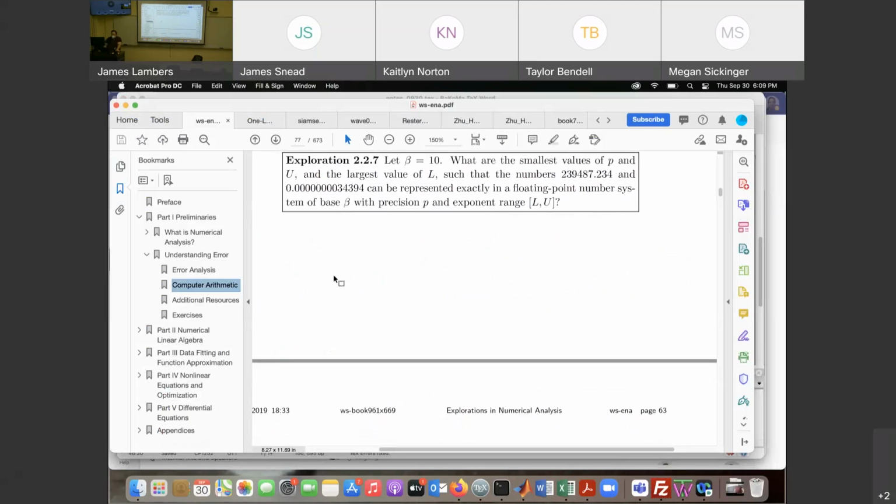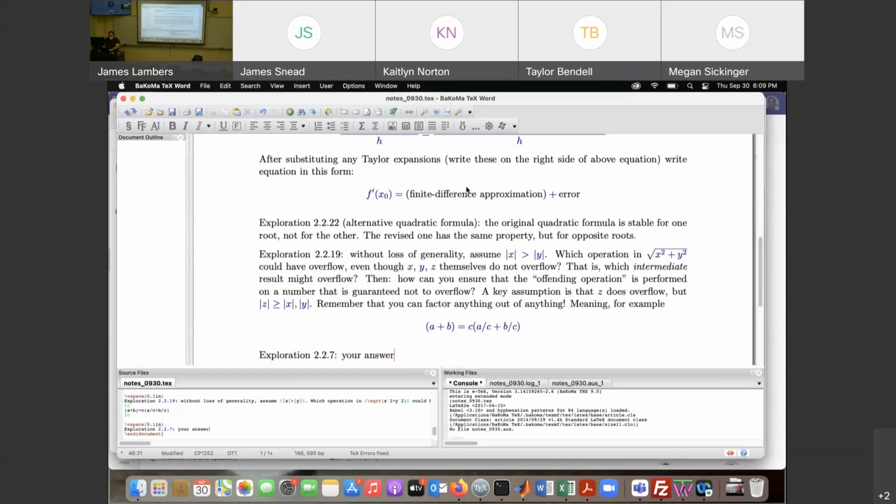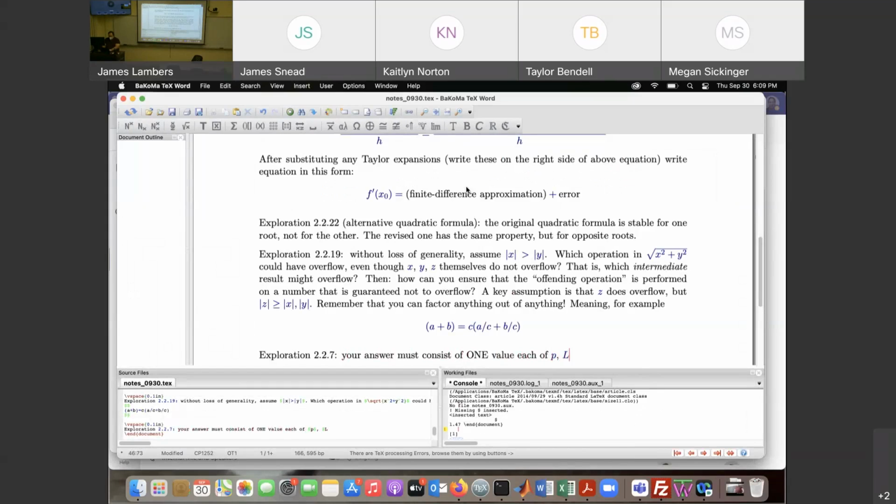One thing I want to make sure is clear, that you're given two numbers, so you're specifying parameters for one floating point system. The base is already specified. So your answer must consist of one value each of P, L, and U.